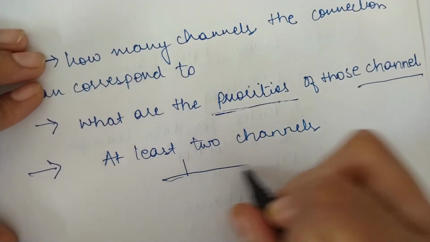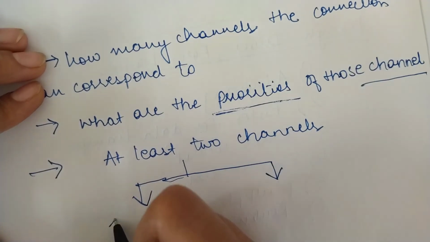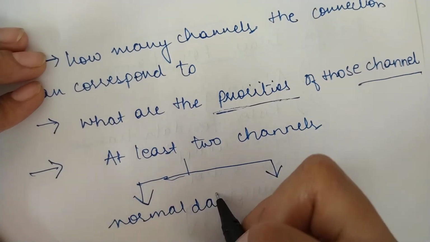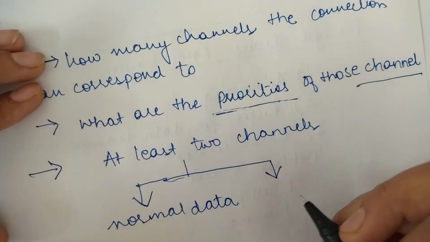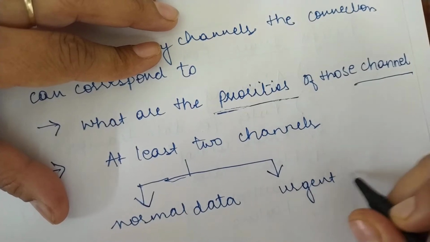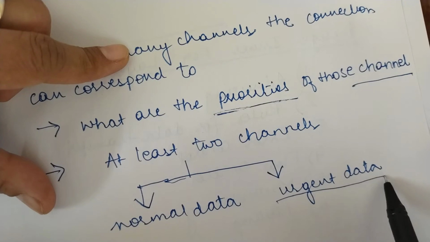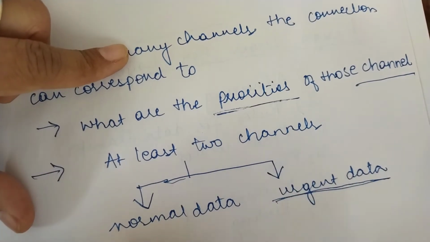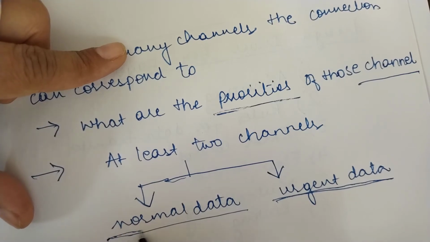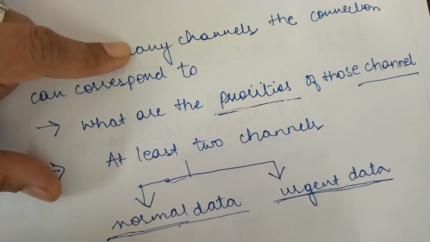So, out of these 2 channels, one channel is mostly used for normal data, and the other channel is used for urgent data. So when the data is urgent, then the channel which is meant for the urgent data is used, and when the data is normal, that is, it is not that urgent or it is not real-time data, then the channel meant for the normal data is used.